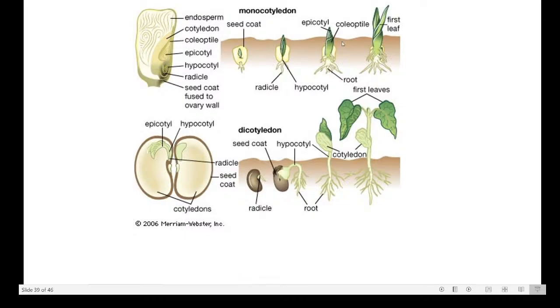After the radicle root develops, the root elongates, and then the first leaf will rise. In the dicot, the radicle is elongated, and the hypocotyl comes upwards.